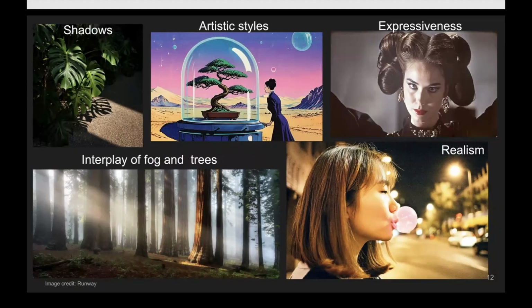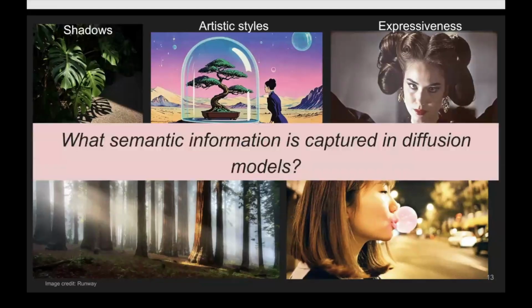Just the ability to get the interplay of fog, trees, the interaction of the lights, some of the shadows over here, and just the photorealism of the bubble gum. That sort of drove this inquisitiveness more and more as to how this model is getting these things so right. What is it learning? How is it learning?